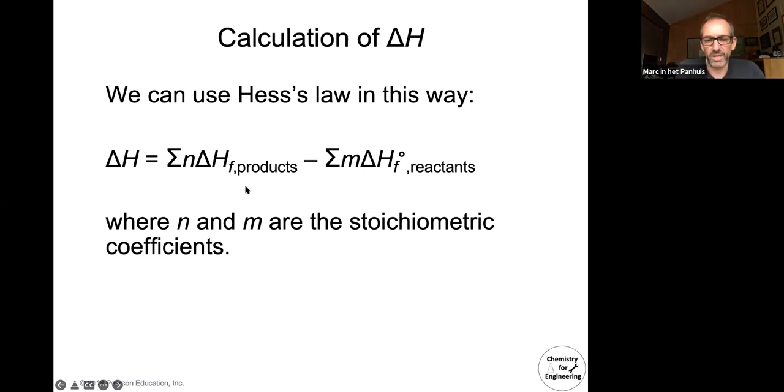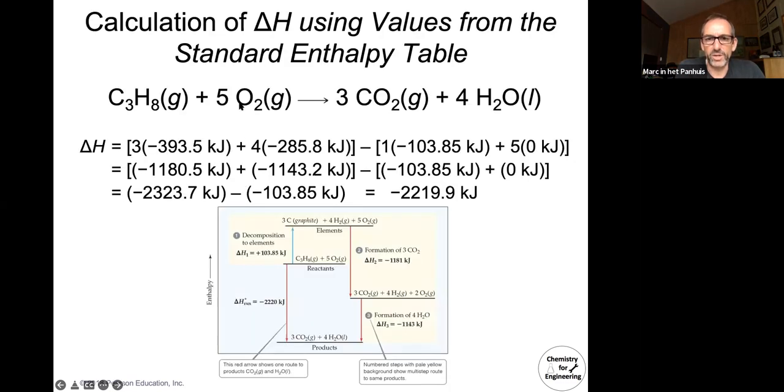And then it becomes a simple addition. So if we do this for the propane that we just looked at, we take the products: we've got our carbon dioxide plus our waters. And then from that, we have to subtract the propane and 5 times the oxygens. And that gives us our final value.